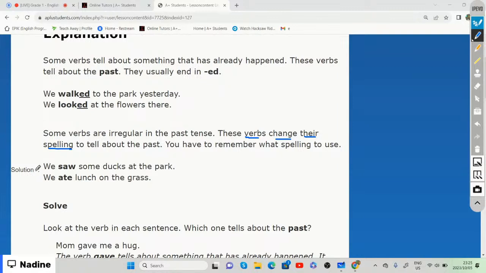So the spelling of these words changes, and it tells us about the past. And remember, when the spelling changes, you are just going to have to remember what spelling to use.